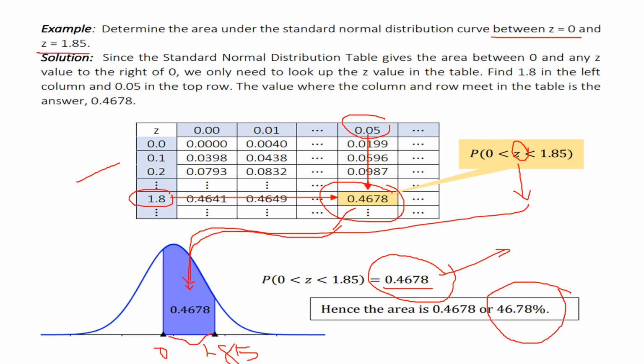So if you're asked to find the area under the standard normal distribution and there is a given value of your C scores, you need to look for your C table and use it, no? And try to look for the area of intersection of the given value of your C score.